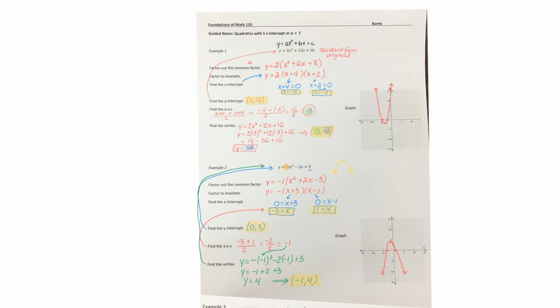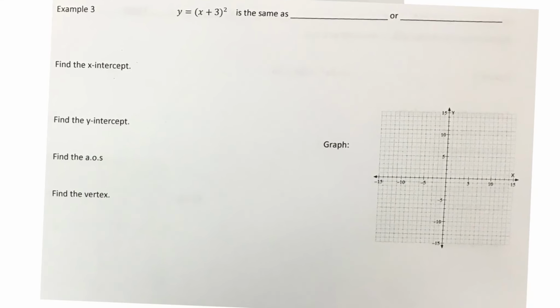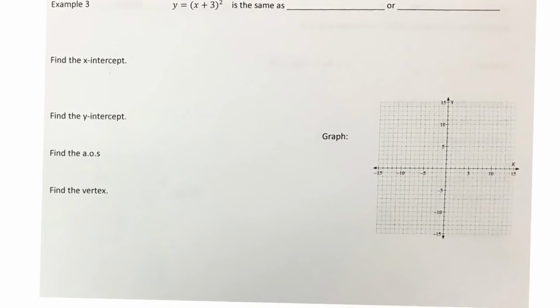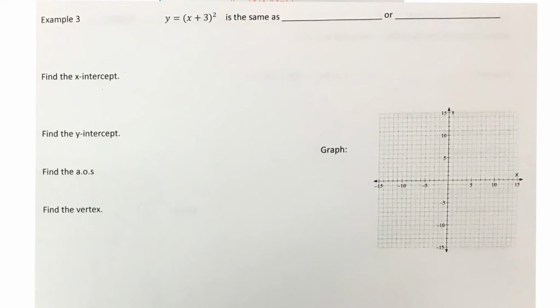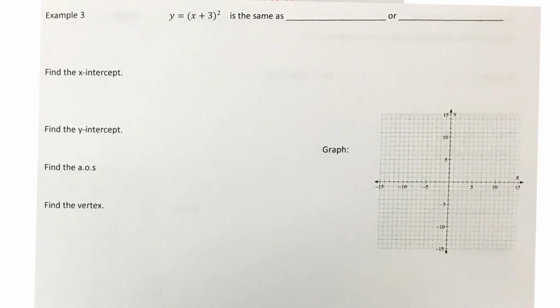All right, now flip over, and this should be our final example. So this is what happens when we have one x-intercept. A lot of times, this is what it looks like. See how it says y equals (x + 3) squared? Well, squared means that you're multiplying something twice, right?